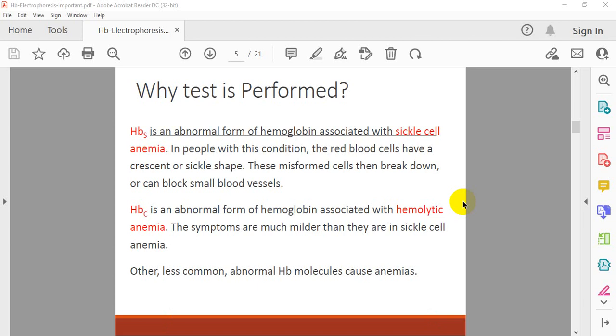I've shown you the shapes already. These misformed cells then break down or block small blood vessels. Hemoglobin C is an abnormal form of hemoglobin associated with hemolytic anemia. Hemoglobin C is not as dangerous and serious as hemoglobin S.